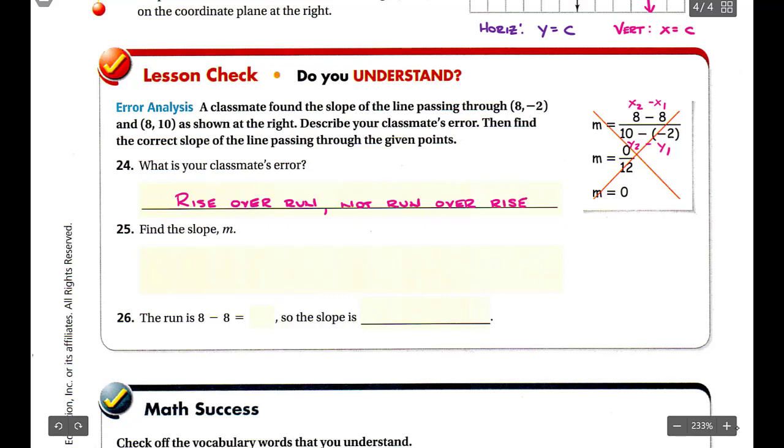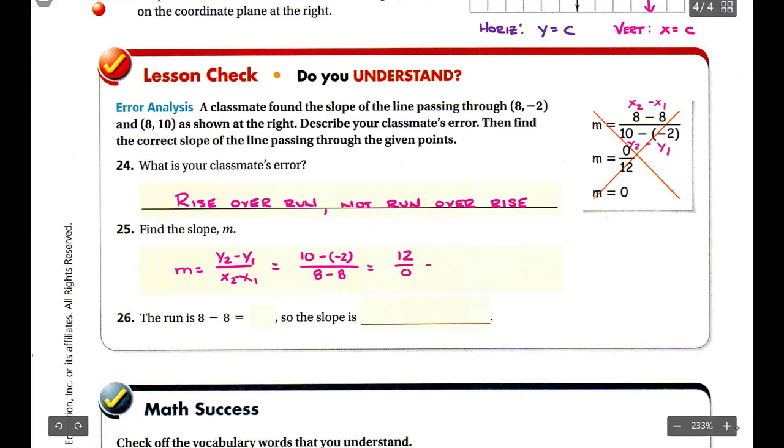So if we were to correct this student, what we're going to get is the slope is equal to y2 minus y1 over x2 minus x1, and that will give us 10 minus negative 2 over 8 minus 8, and we get 12 over 0.